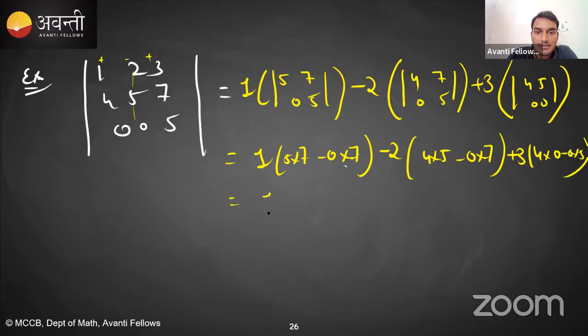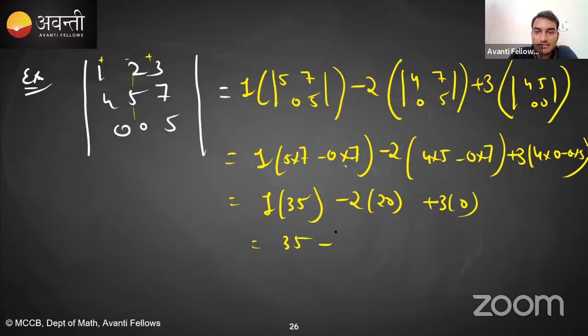What do we get? 1 into 35 minus 2 into 20 plus 3 into 0. That is 35 minus 40 plus 0, which is minus 5.